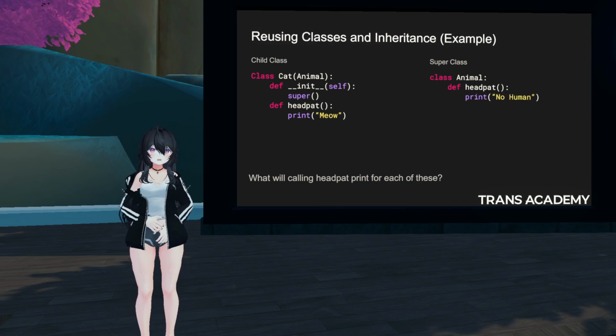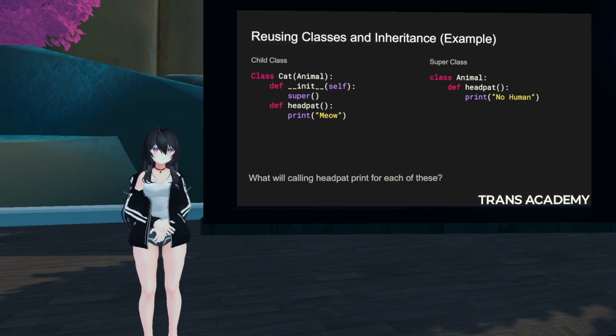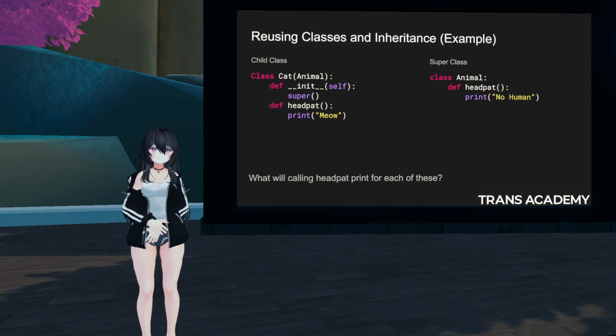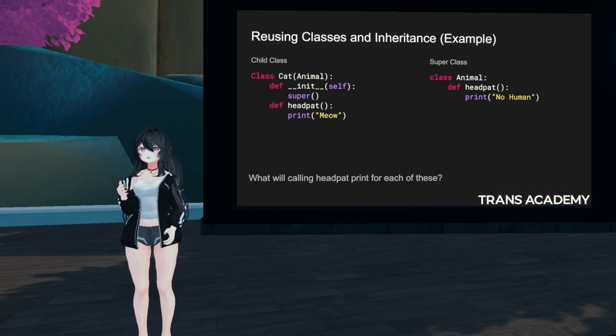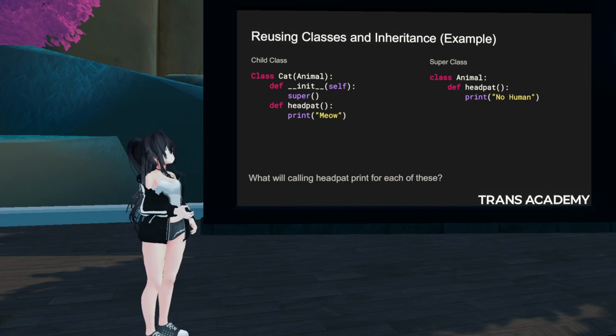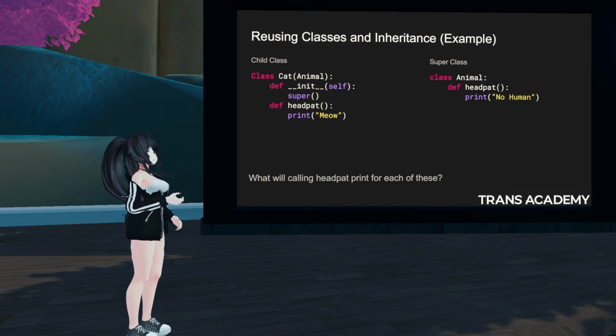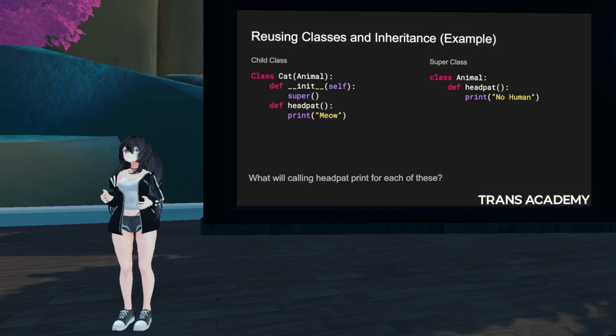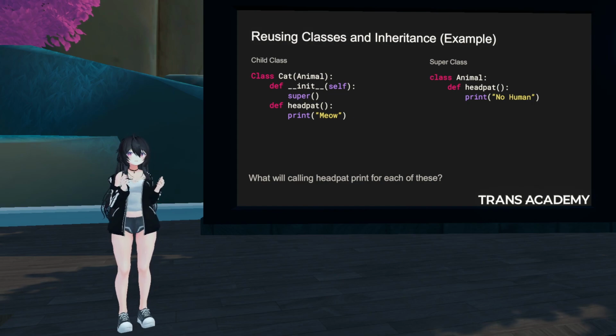Another question here from the audience. Arar, go. Can a child class refer to multiple superclasses? Oh, all right. So the question was, can a child class refer to multiple superclasses? I would have to say it depends on the language.